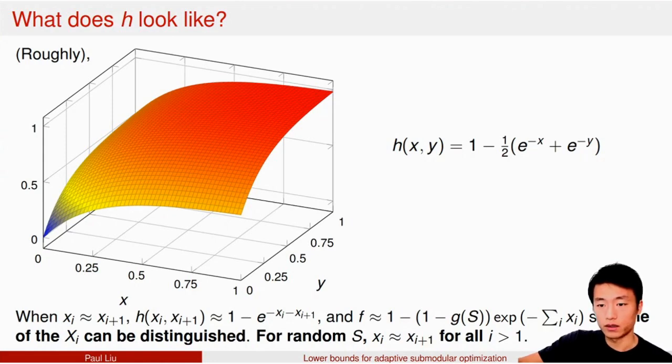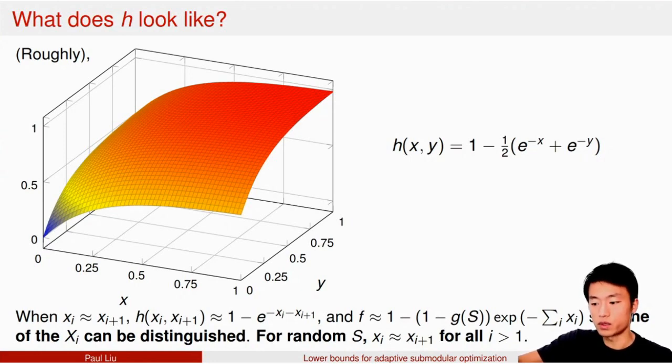When the queries of the two layers, xi and xi plus 1, are approximately equal, h of xi, xi plus 1 will be approximately 1 minus the exponential of the sum of the xi's.